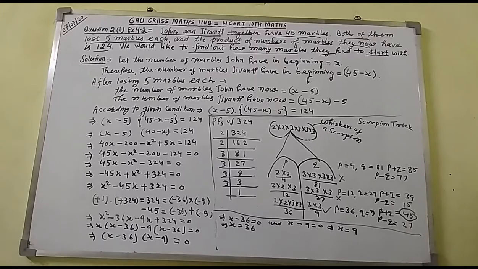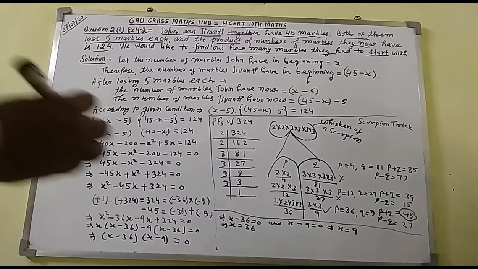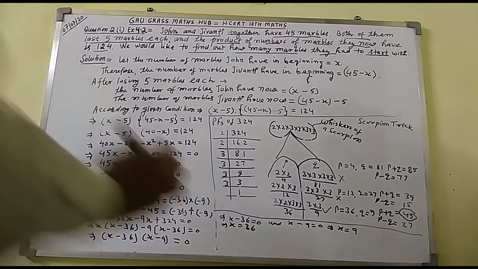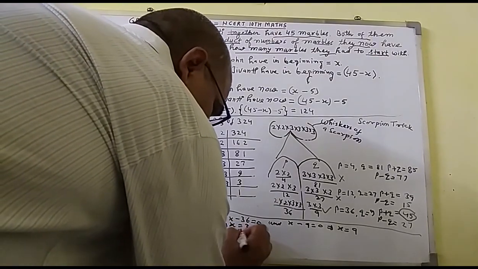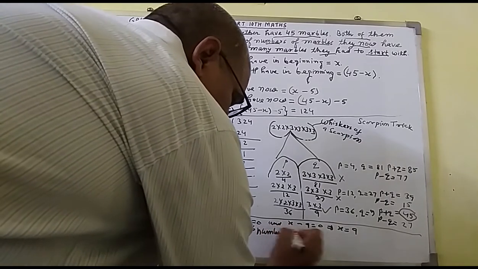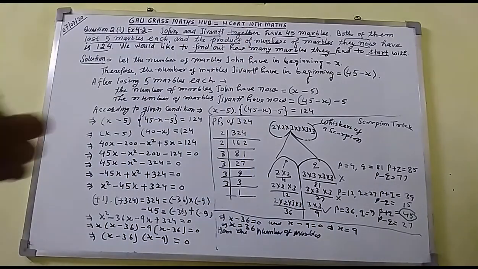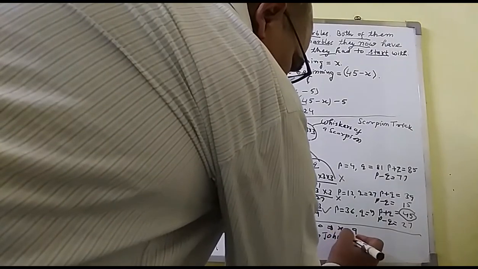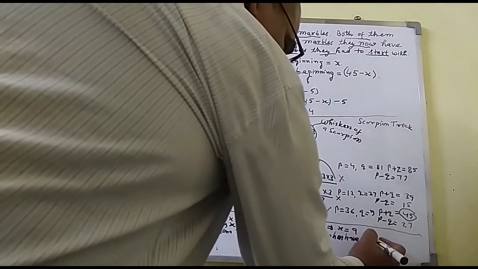Now you can write the answer: hence the number of marbles John has is equal to 36.